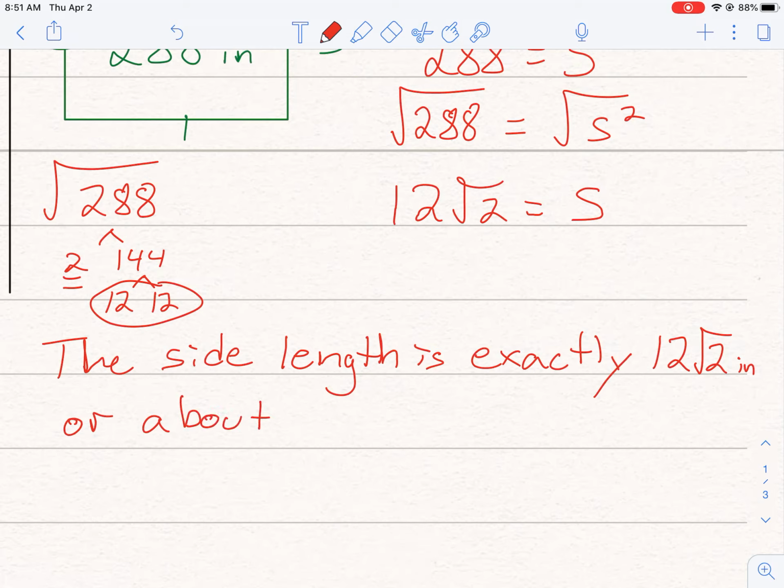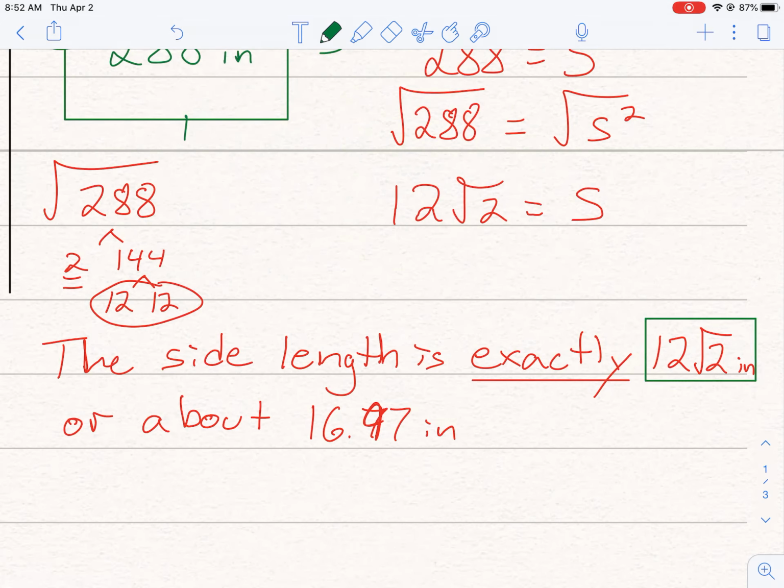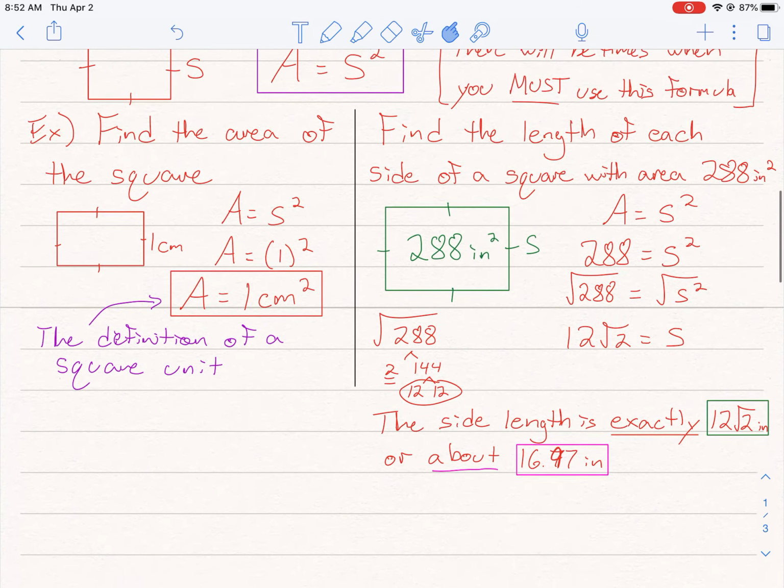Or about 16.97 inches, actually. So there's an exact measurement, which you would use the square root here. So my exact measurement is this, the 12 root 2 inches. And then my approximate or my about measurement is this 16.97. So it depends. If it says what is the exact measurement of the side or what is the approximate measure of the side, you could use either one.